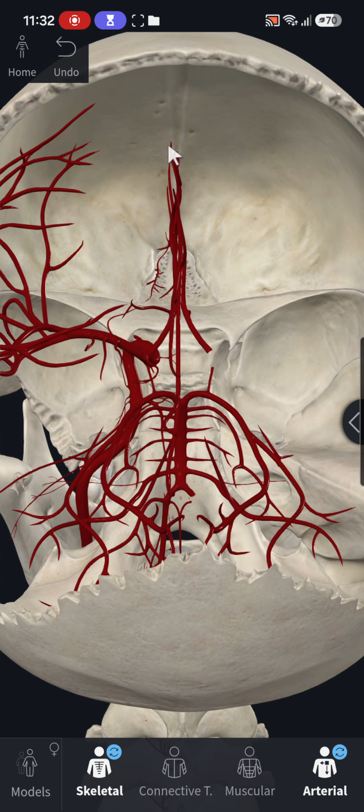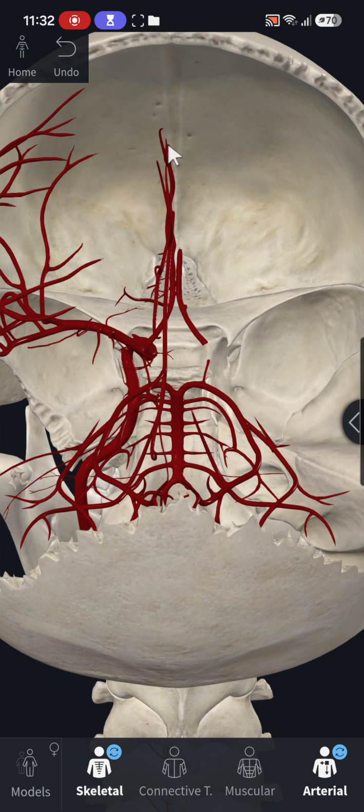So this is the importance of the circle of Willis and why all the arteries are connected together, so that there are collateral blood supplies that will always maintain blood supply to all regions of the brain, even if one of them gets thrombosed or clogged.